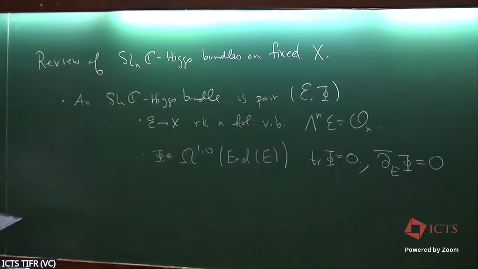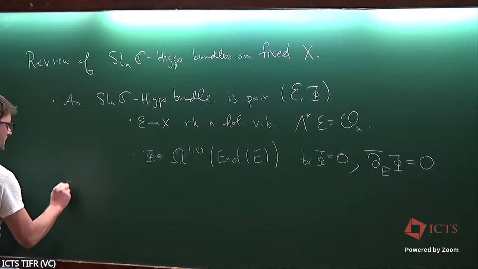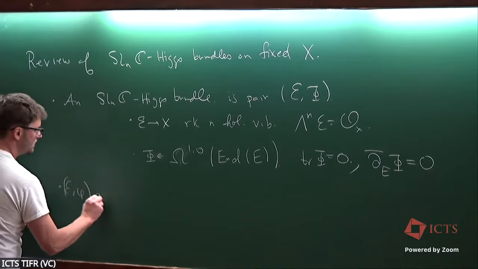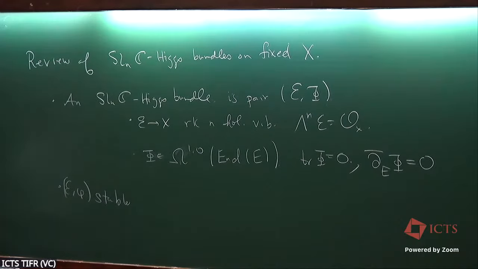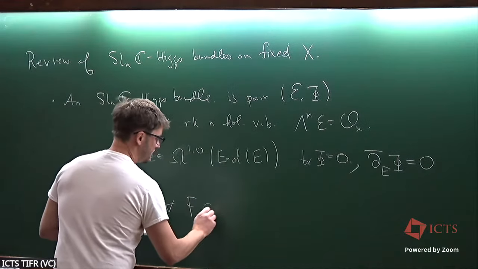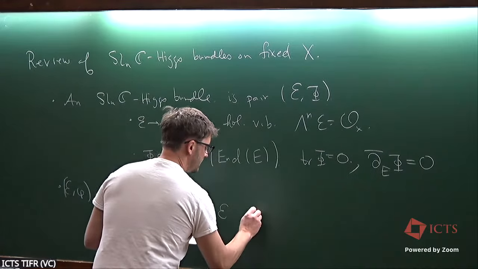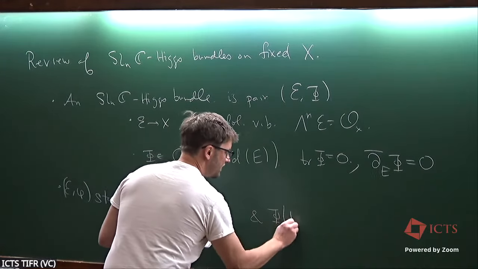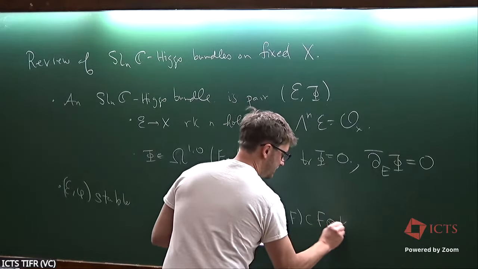Okay, so that's what a Higgs bundle is, and let me just say, (E, phi) is stable if, for all sub-Higgs bundles, you have a slope stability condition. So for all F that are proper in E, and phi of F is contained in F, okay?